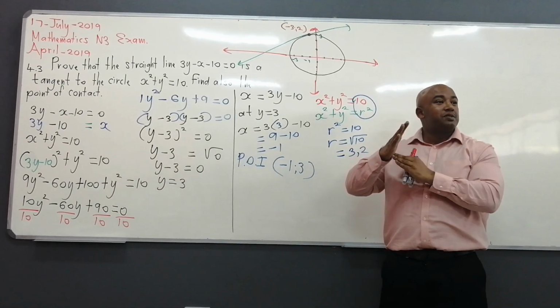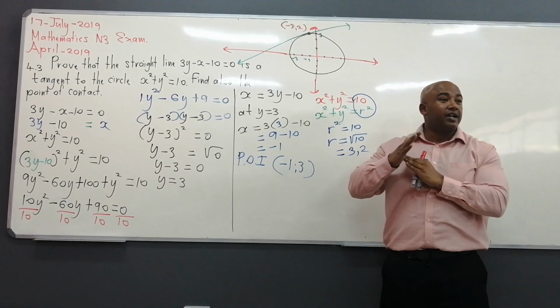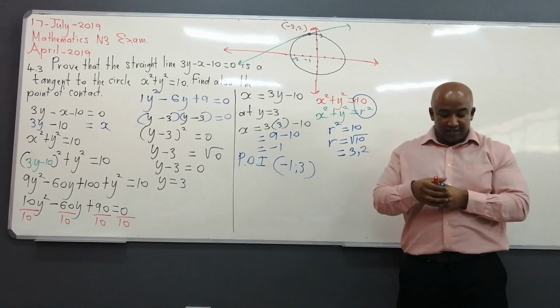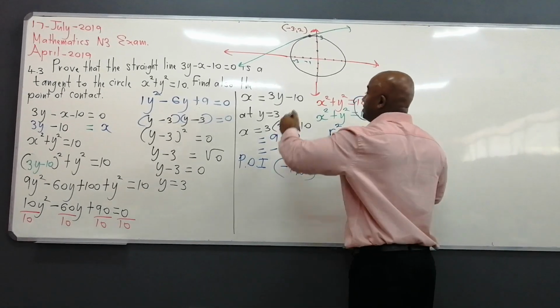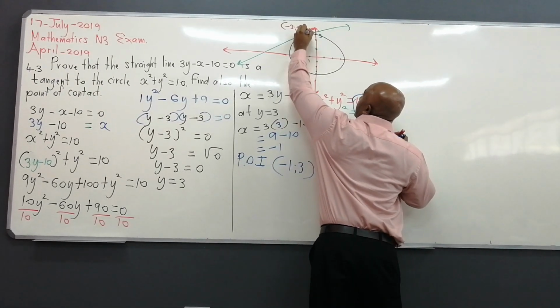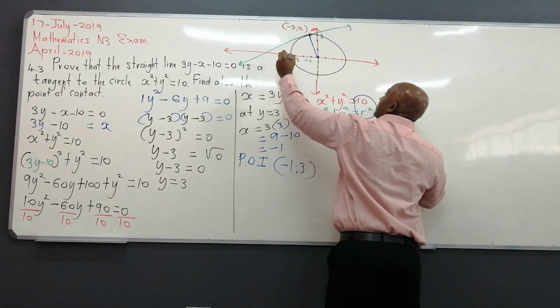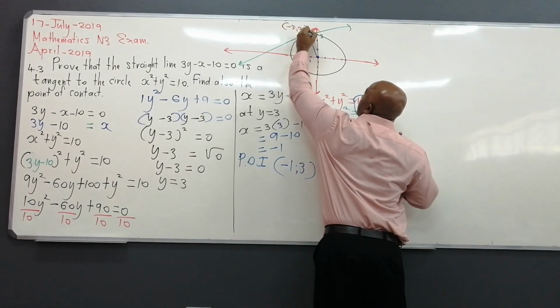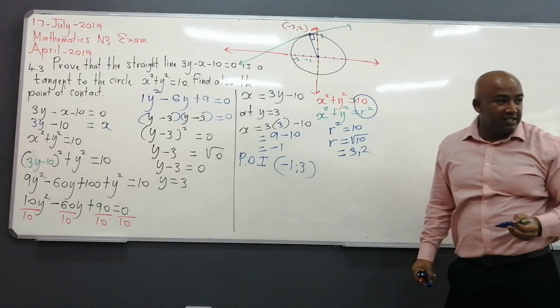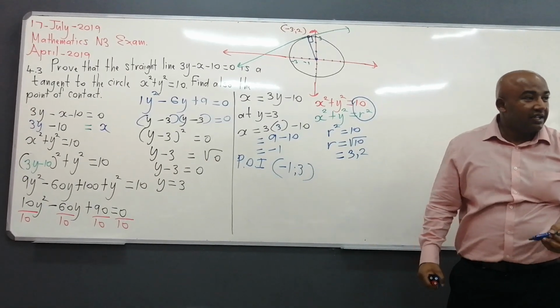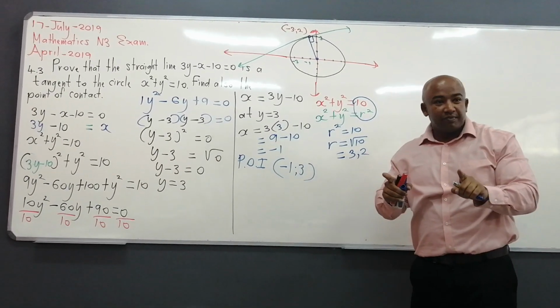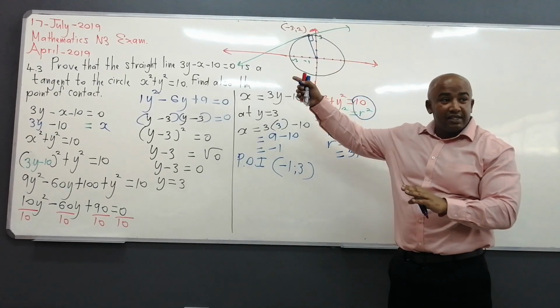The tangent is perpendicular to the radius of the circle. So if I draw a line from there to the center, this should be 90 degrees there.